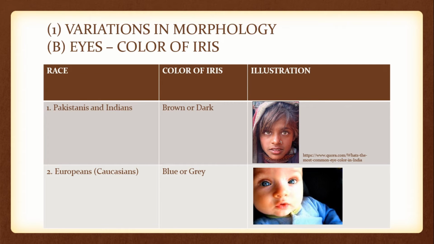Alright, and if the color of iris is blue or gray, then that person would most probably be a European or Caucasoid or Caucasian. Okay, so this is it about the color of iris, and on the basis of differences in color of iris, how you can determine the race of an individual.